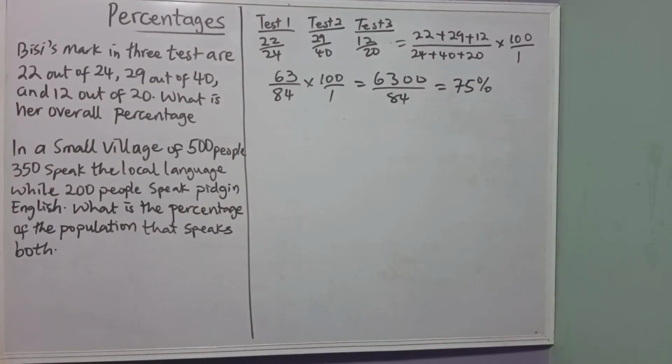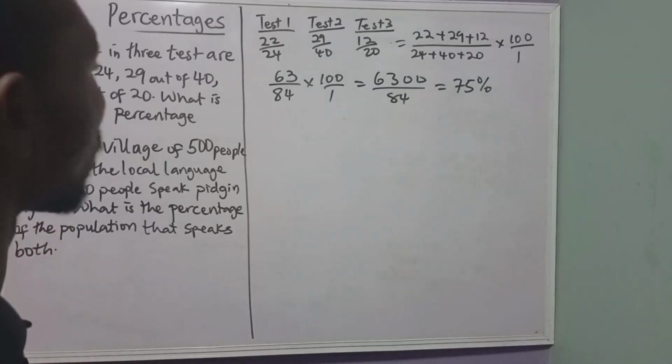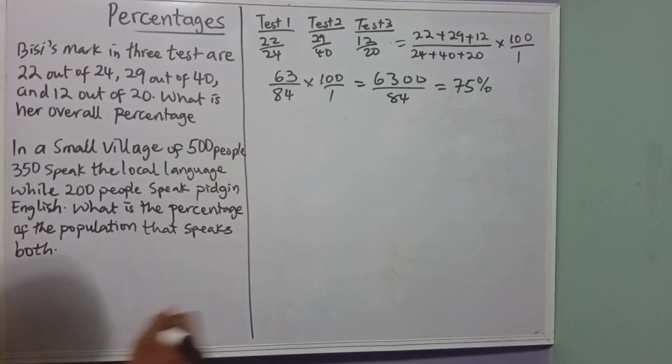Now, to our second question, it says, in a small village of 500 people, 350 speak the local language, while 200 speak Pidgin English. What is the percentage of the population that speaks both the local language and Pidgin English?